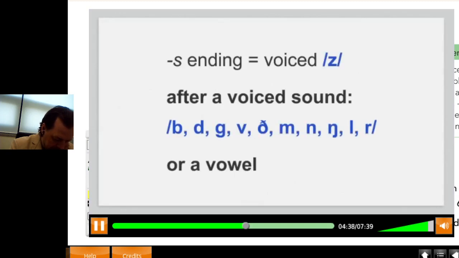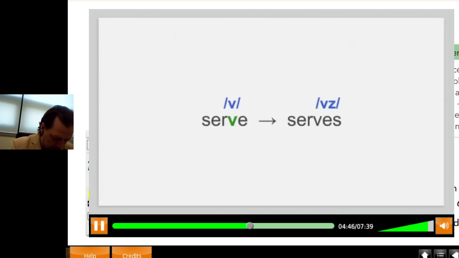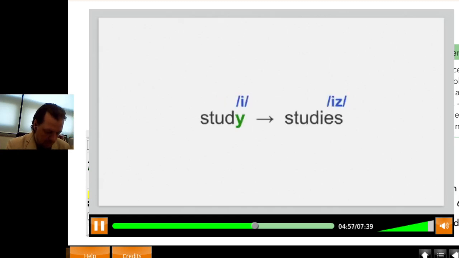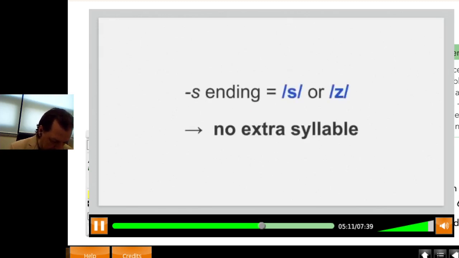The S ending is pronounced as voiced z when the base form ends in a voiced sound. Serve ends in v. V is a voiced sound. Serves. Study ends in the vowel E. All vowel sounds are voiced. Studies. When we pronounce the S ending as S or Z, we don't add an extra syllable.